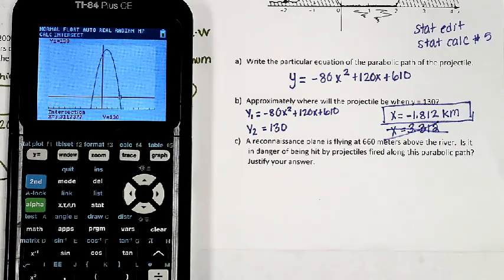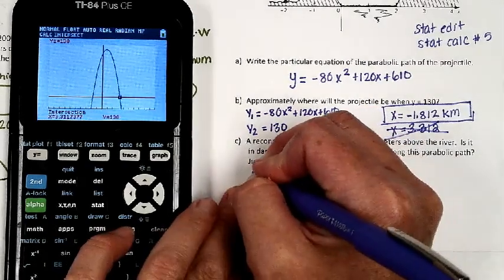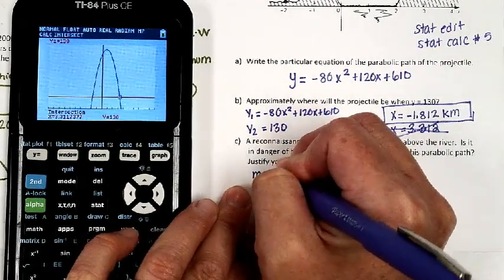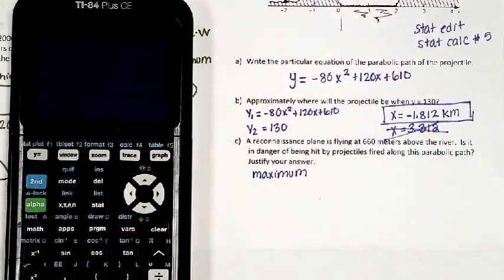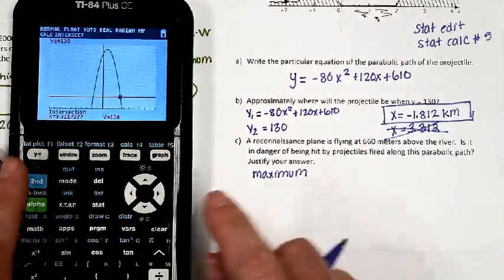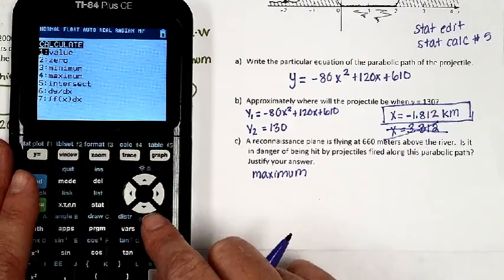So we have to figure out the maximum. So second trace, maximum, left side of your vertex, right side.